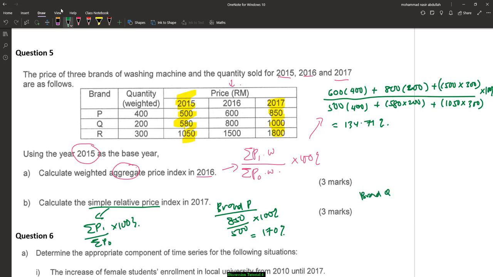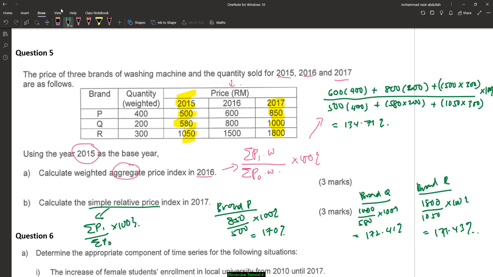Brand Q is 1000 divided by 580 multiplied with 100%. This one 172.41%. And brand R is 180 divided by 1050 multiplied with 100%. So this one will be 171.43%. That's all.